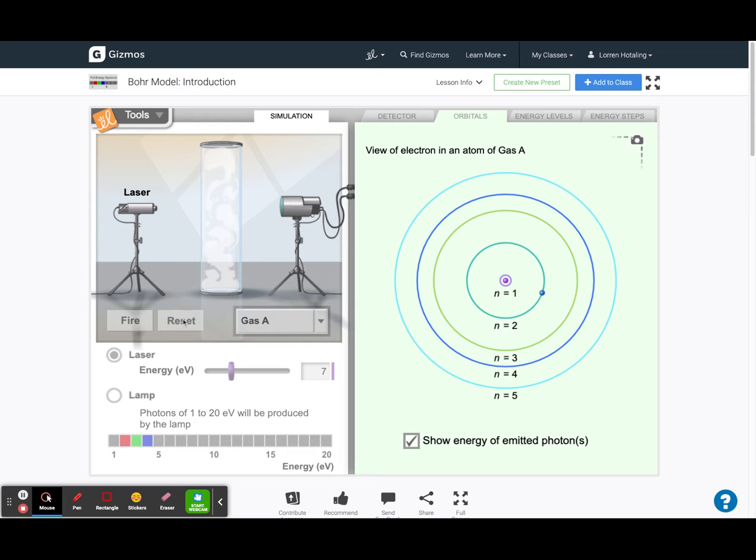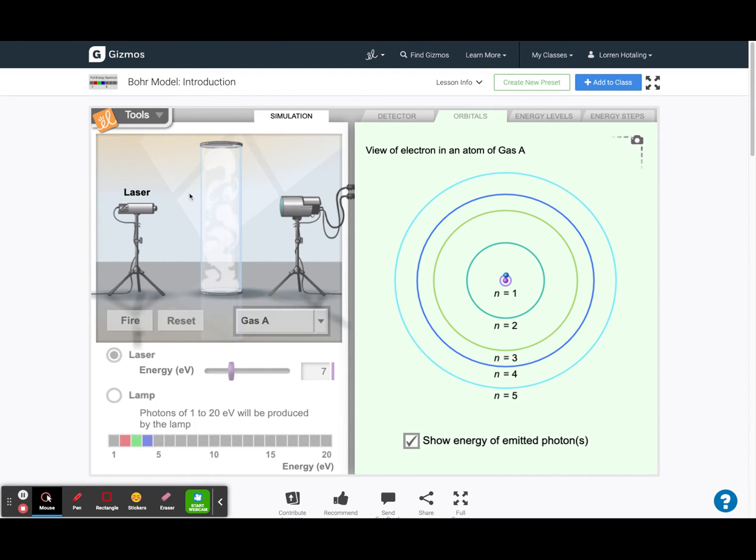Seven. Aha, it's excited. And notice this one, it jumped to the n=2 level. So the energy is greater going in. It jumps to a higher excitation state, excuse me, the n=3, the light green. And it emits a photon. Now, in the first case, we saw that it emitted 1 photon equal in light.